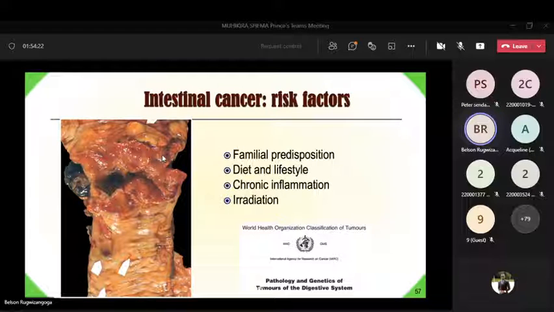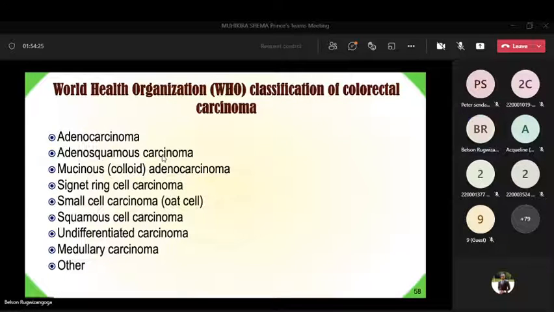So we use universal terms. So the WHO classification of colorectal carcinoma: here we talk about carcinoma, and as we said, there are other types of cancers, GISTs, neuroendocrine carcinomas, and lymphomas.